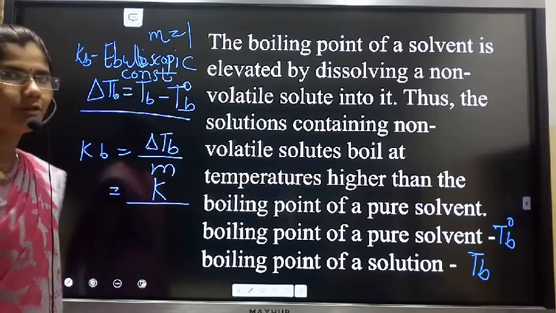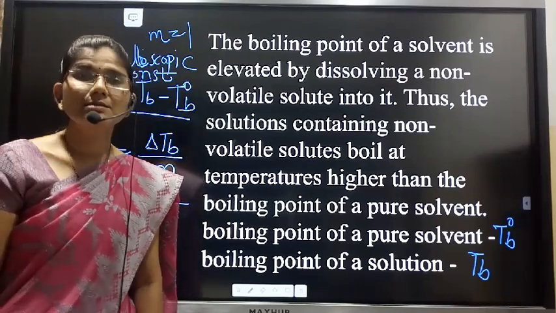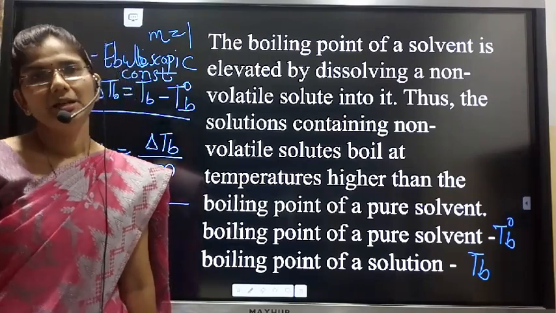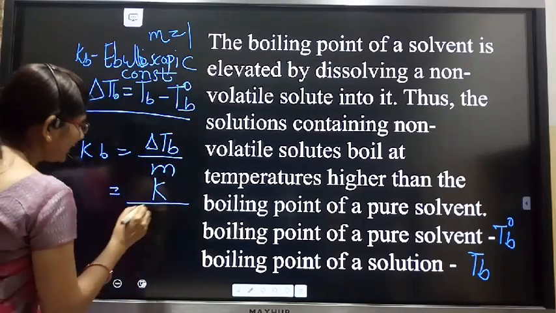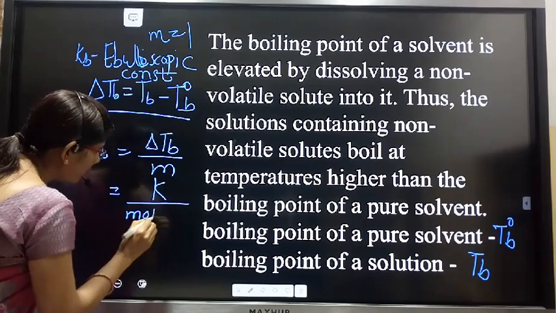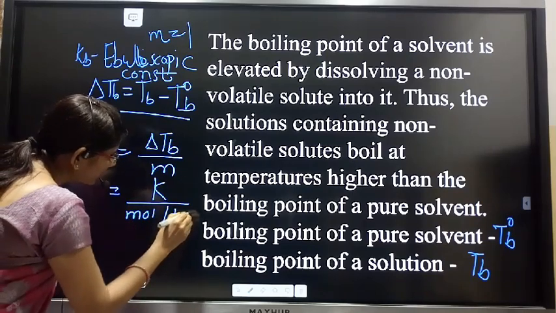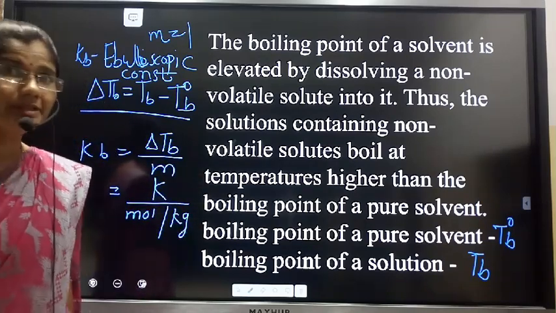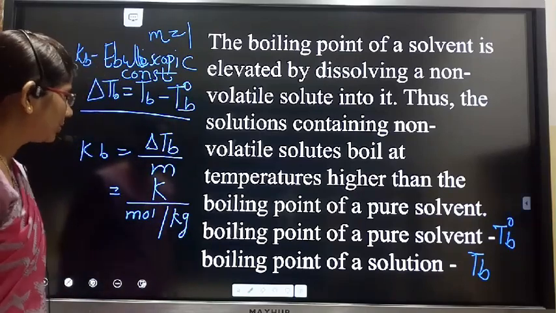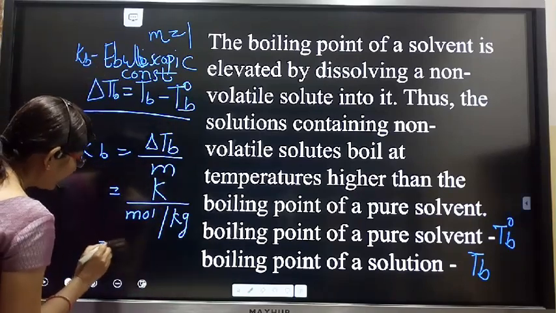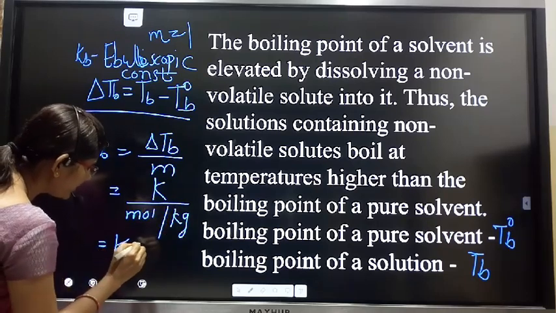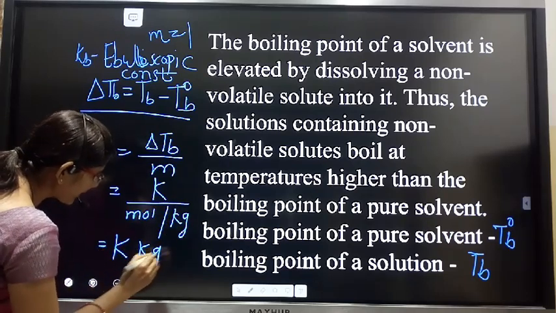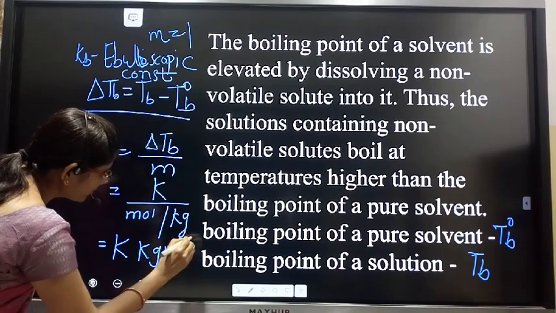And what is the unit for the m? M means molality. Therefore, it has the unit mole per kilogram. And therefore, the unit is Kelvin per (mole per kilogram), that means Kelvin kilogram per mole.